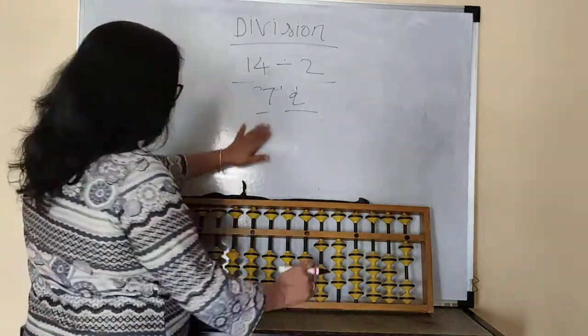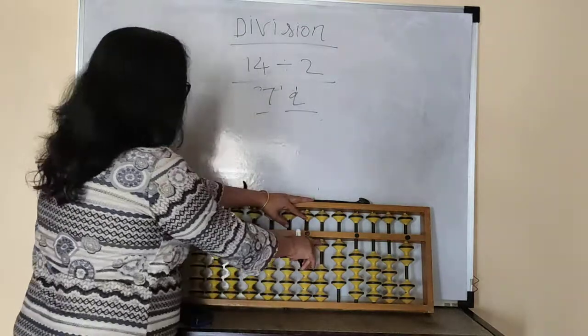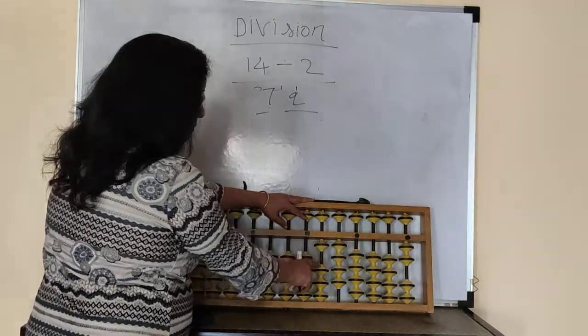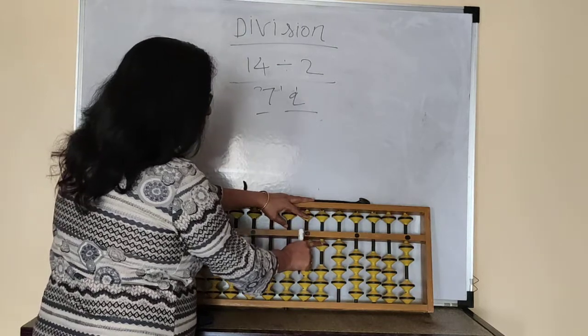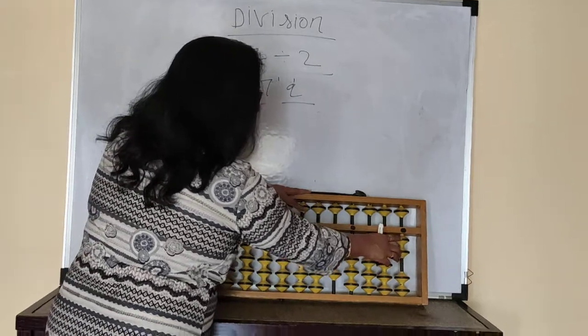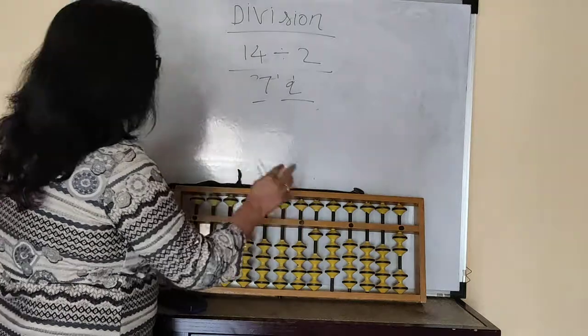See, the dividend's first number is 1 and the divisor is 2, so this is less than the divisor.